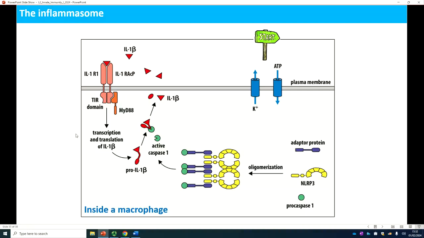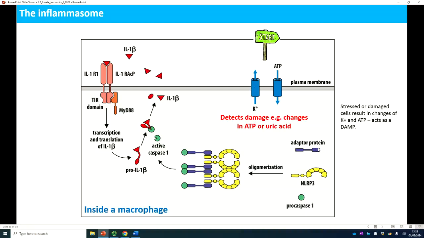So this diagram is just summarizing the inflammasome. We've got a macrophage here, and then we've got the extracellular environment there. We look from where I've got this start arrow. If we have damage to the cell, we'll have changes in the levels of potassium, but also ATP. And this will act as a DAMP, a damage-associated molecular pattern.